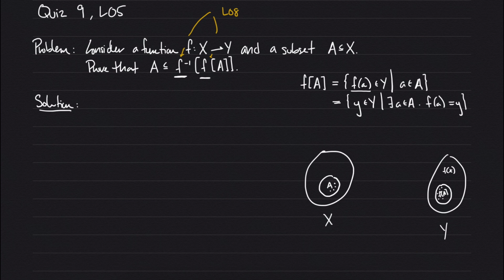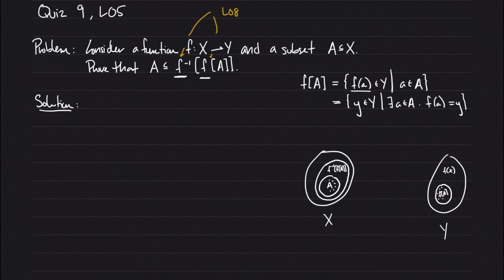So we take each little element in A, send it over to Y, and collect all those things up; that's f of A. Now we're wondering what the preimage of the image of A looks like. I'm claiming in the statement that it's going to contain A, so it should look like this. Let's call this f inverse of f of A.